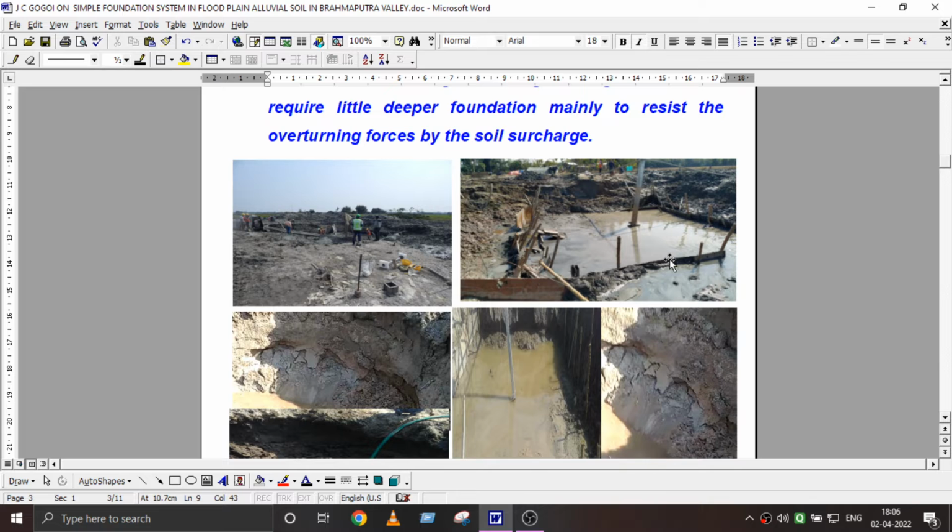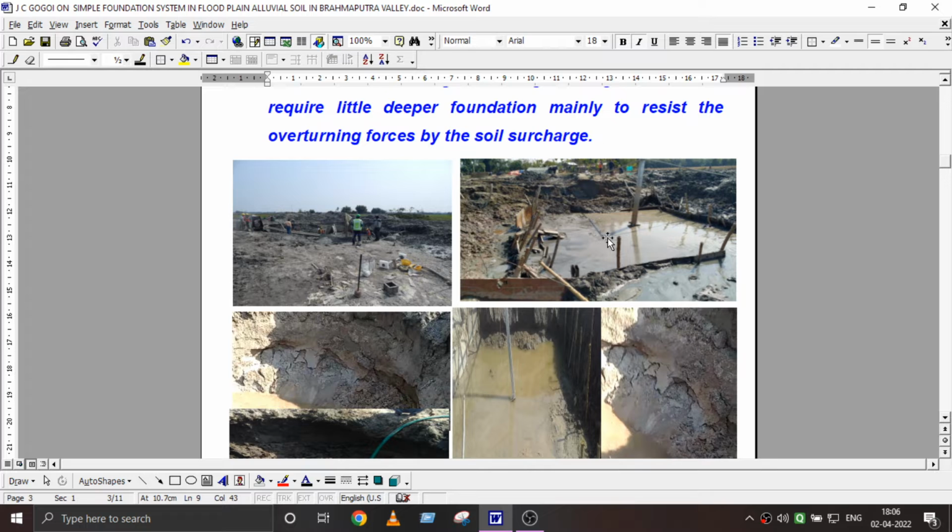Here is the same problem, but they have provided some steel shuttering so the side does not slide. The cut slope is stable, but inside, both horizontal and vertical permeability are affected in this foundation soil, transforming this soil to a totally quick state, which we can call liquefaction.